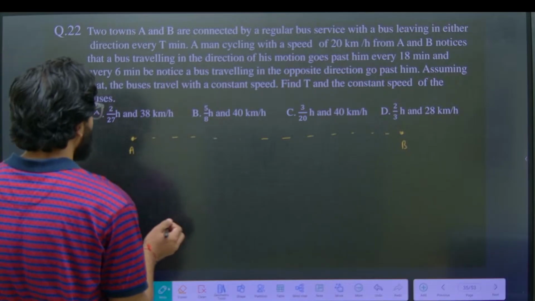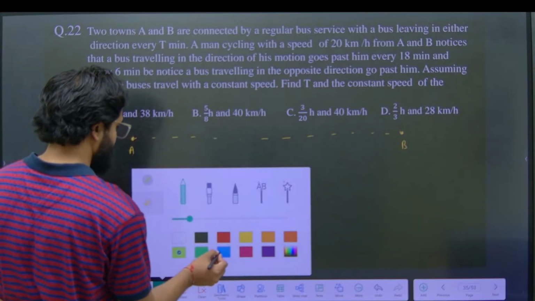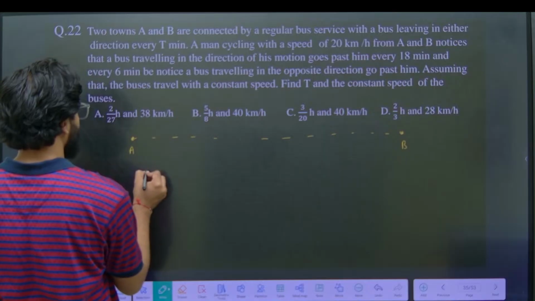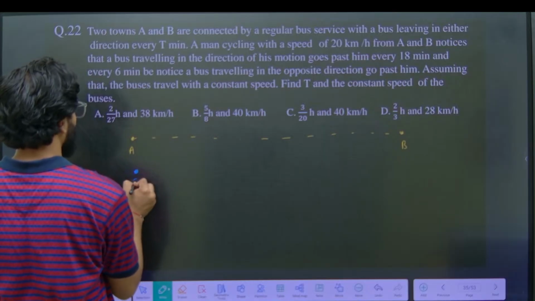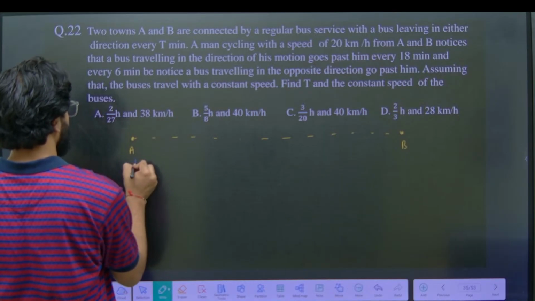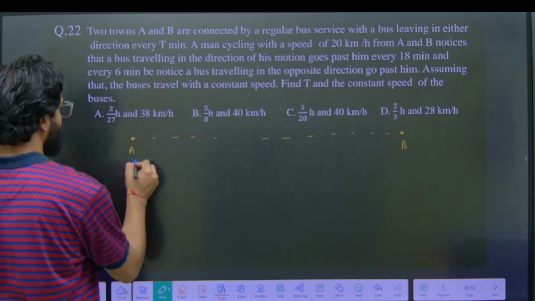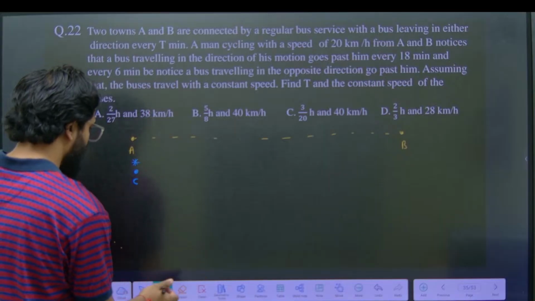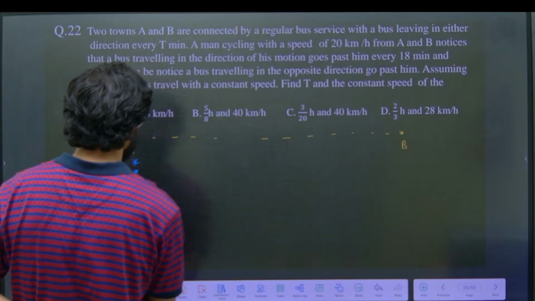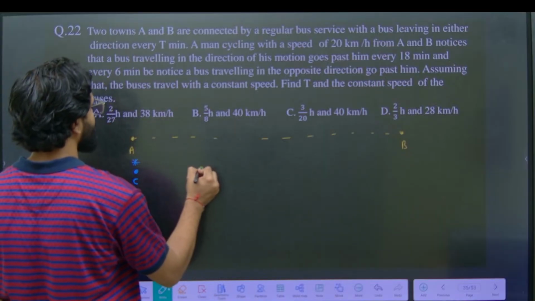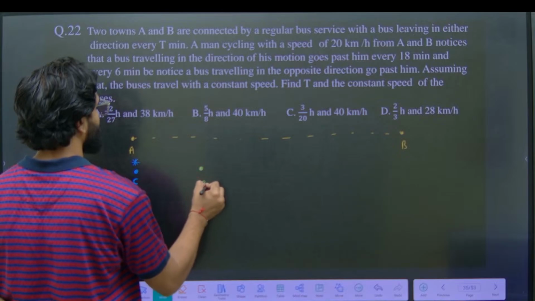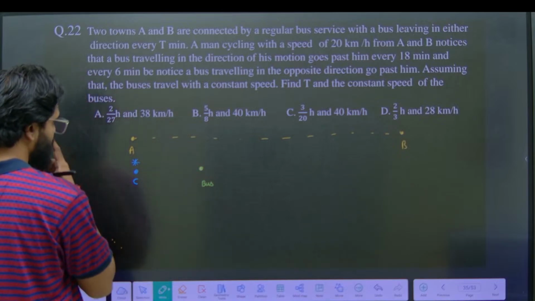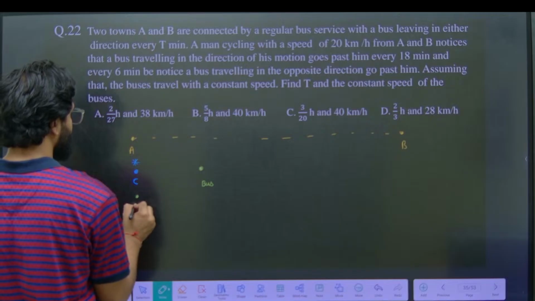We can stop one of them. There is this cyclist, we are saying the cyclist stops. Let's say the bus is over here, and the next bus is over here.